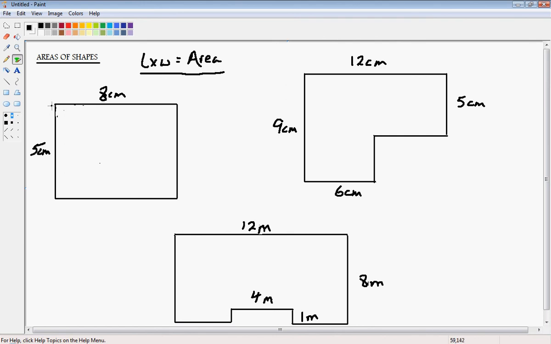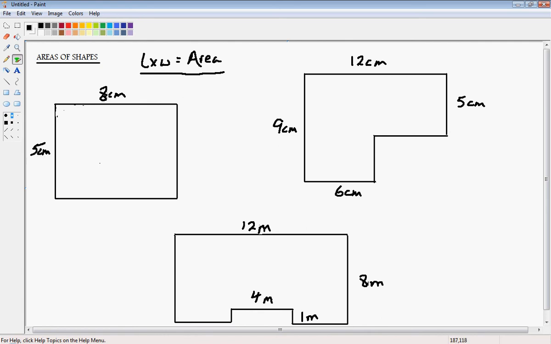So if you remember when we were working on perimeter, we would add all the distances around. With area, we multiply the length times the width. So here we have a length of 8 centimeters and a width of 5.